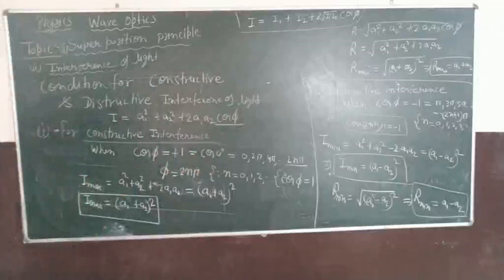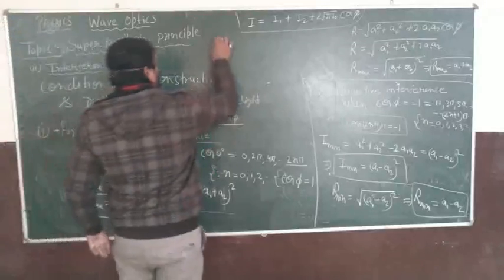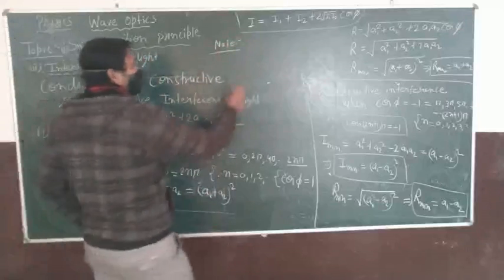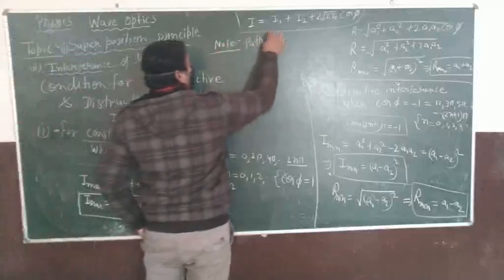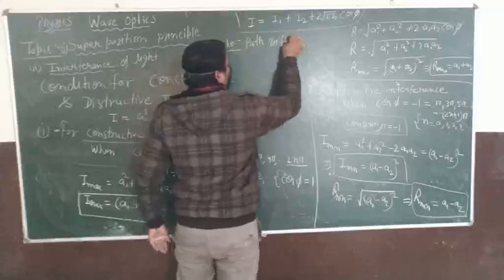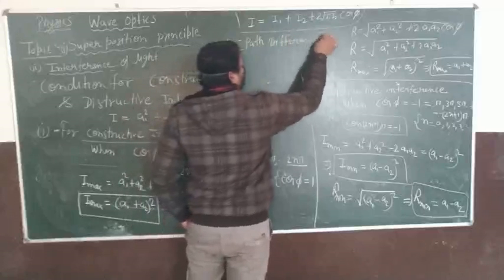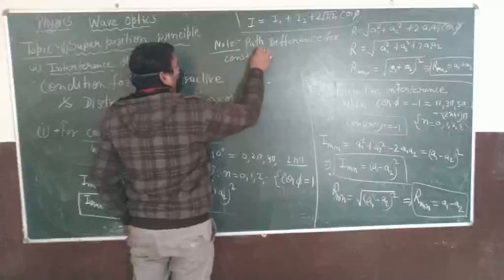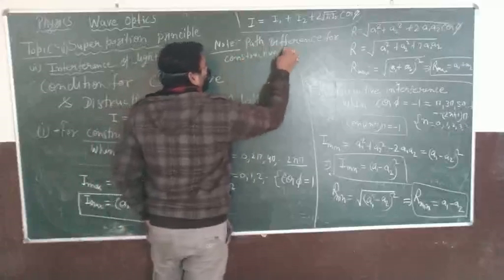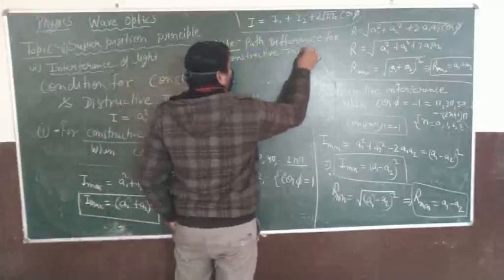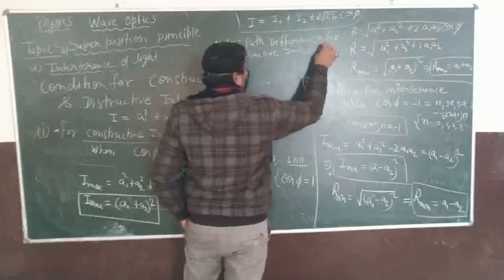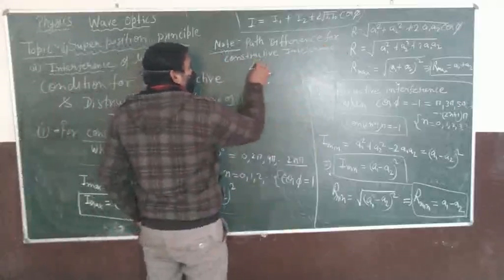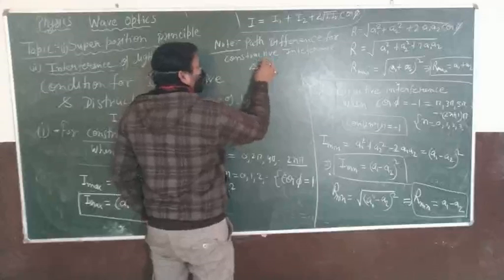So you can also write in the notes: path difference for constructive interference. Path difference can be defined by del x.